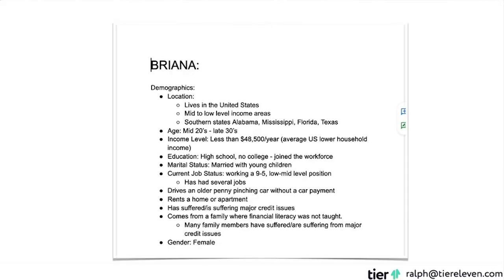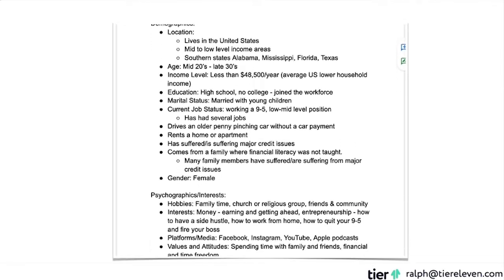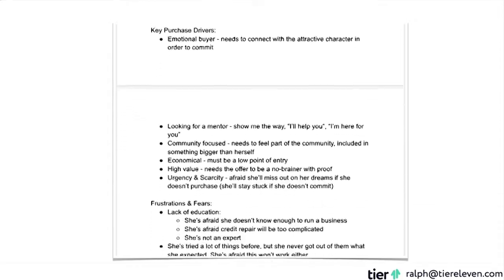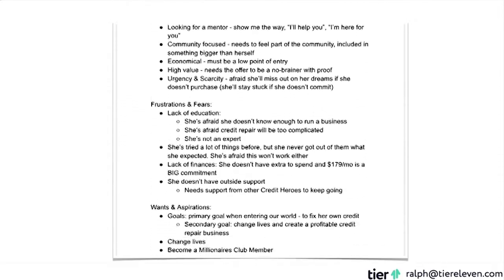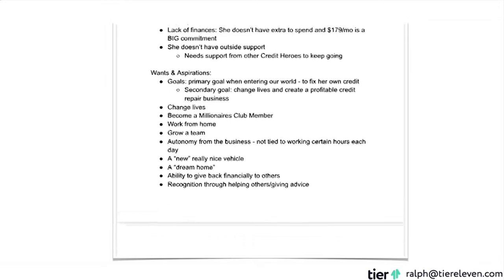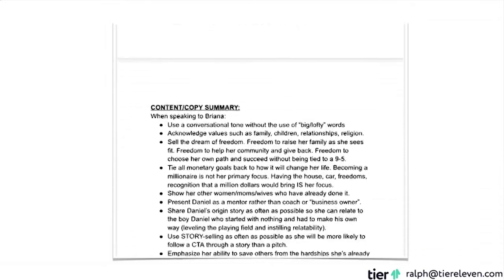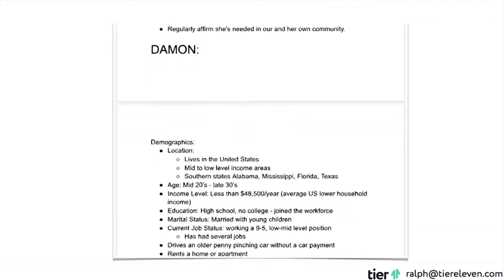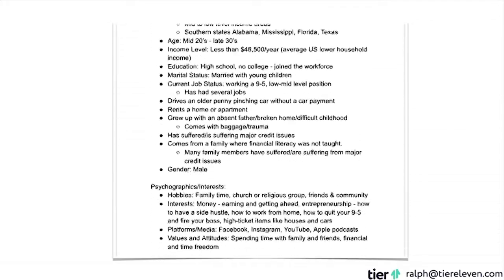So out from all that research comes our messaging, our rough messaging, and it might look like this. So this is sort of a document that we'll produce. This is their avatar, one specific avatar here called Brianna. And look at all this stuff. This is not just fluff here. This is really in-depth understanding of how Brianna thinks, how Damon thinks.